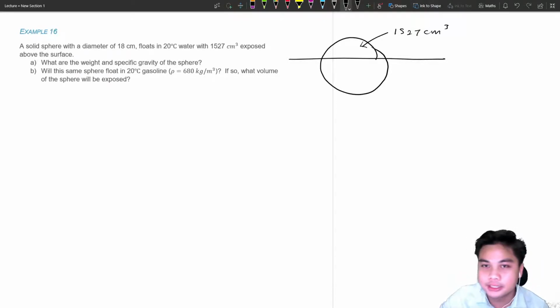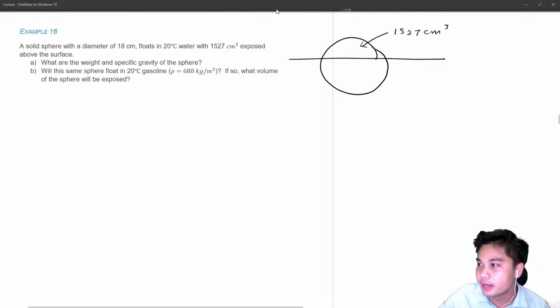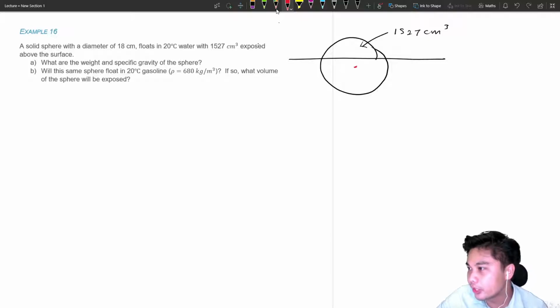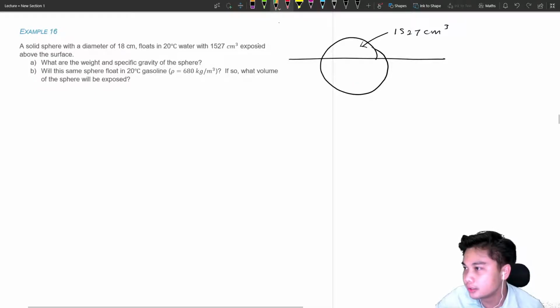First we need to draw the free body diagram. Here we have the weight of the solid sphere acting downward due to gravity, as well as the buoyancy force Fb.